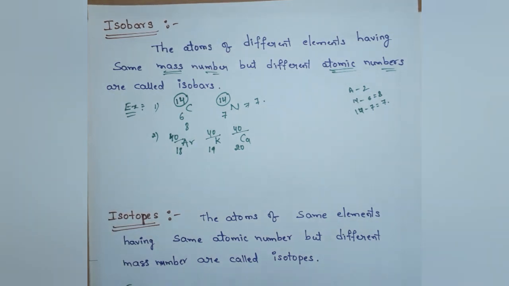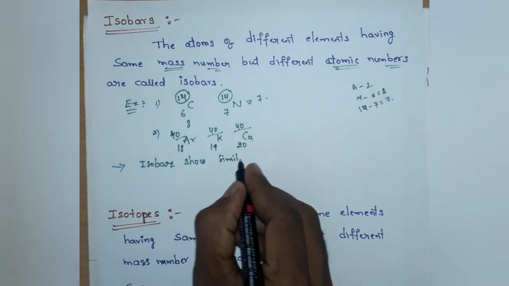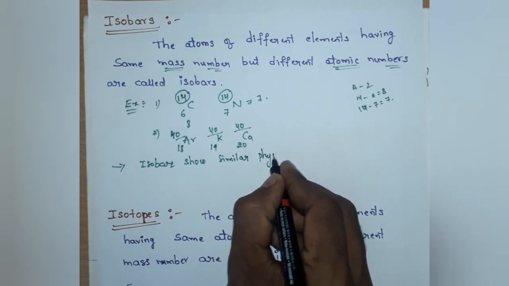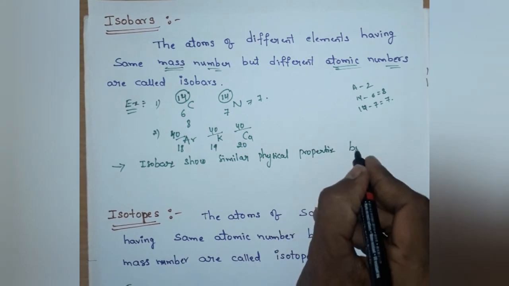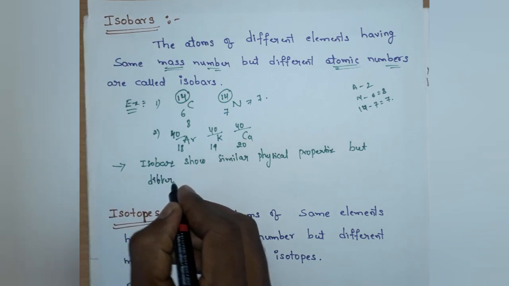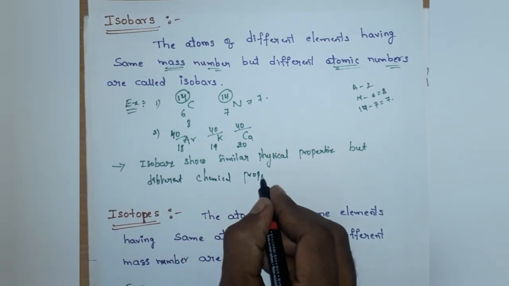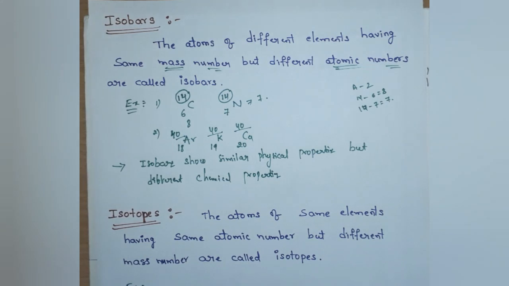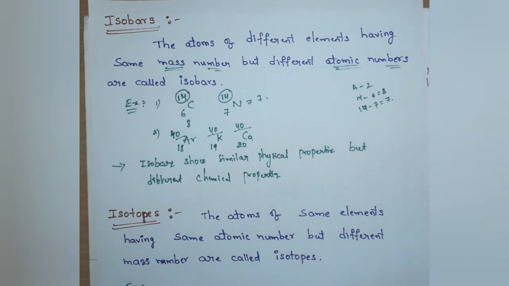Next, isobars show similar physical properties but different chemical properties. Physical properties mainly depend on mass number, and chemical properties mainly depend on the number of electrons.